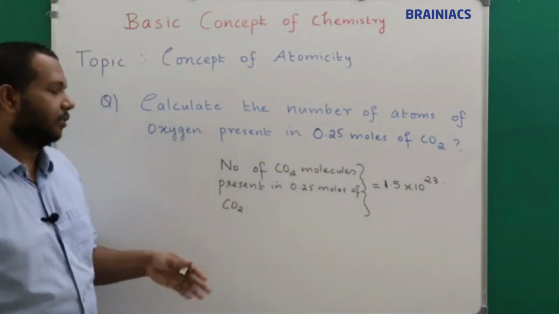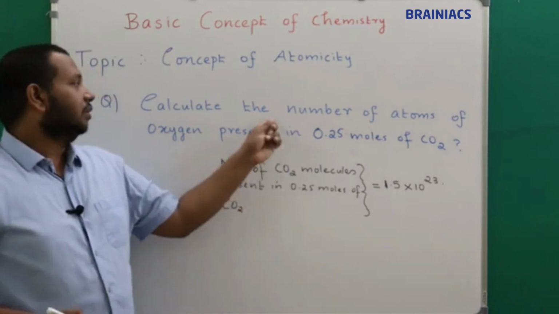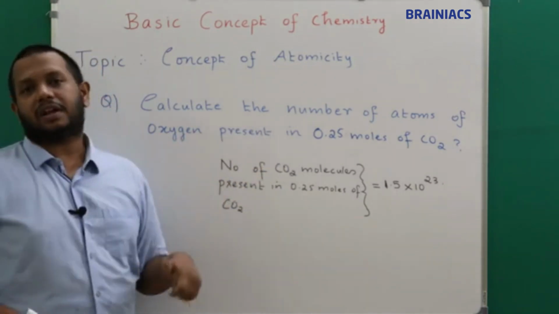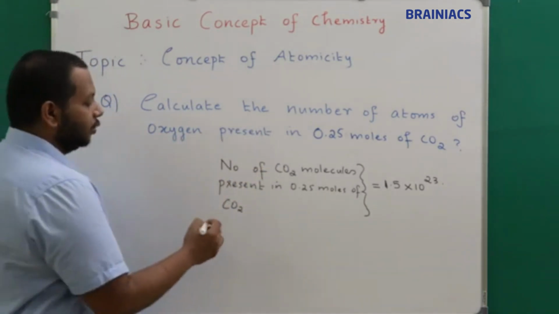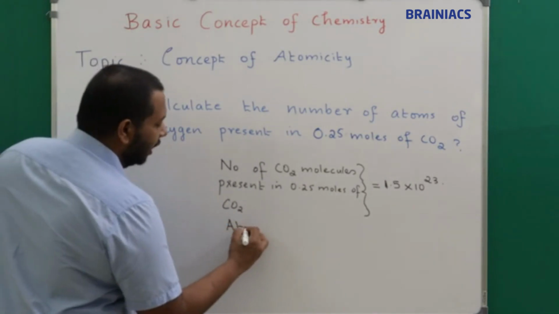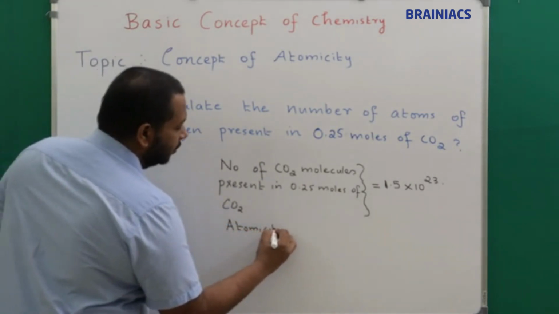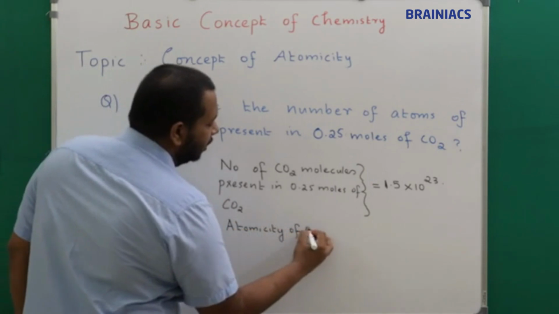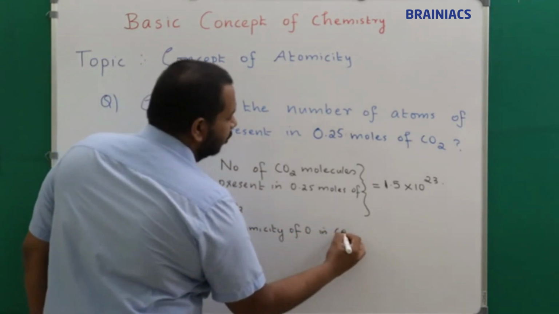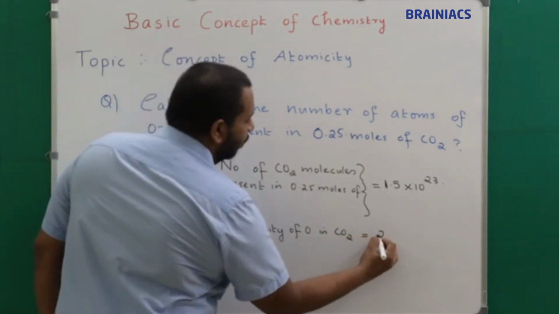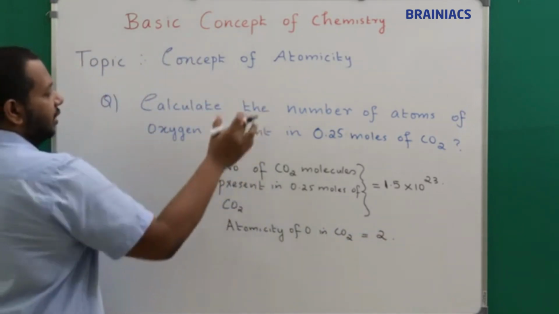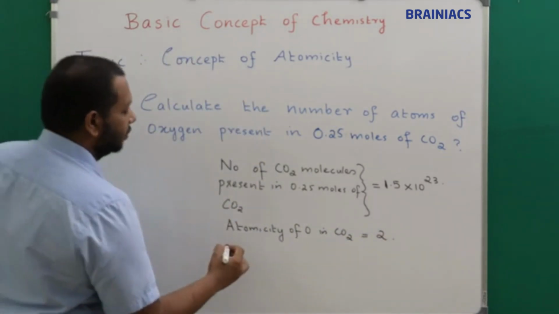Now next, what is the step? Calculating the atomicity. The question is asking you about oxygen only. The atomicity of oxygen we already calculated many times. Atomicity of oxygen in CO2 is equal to 2. Now tell me the total number of oxygen atoms.